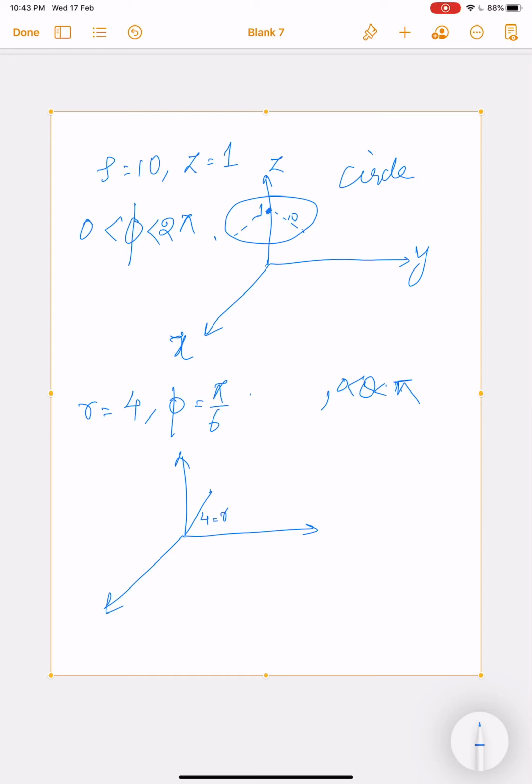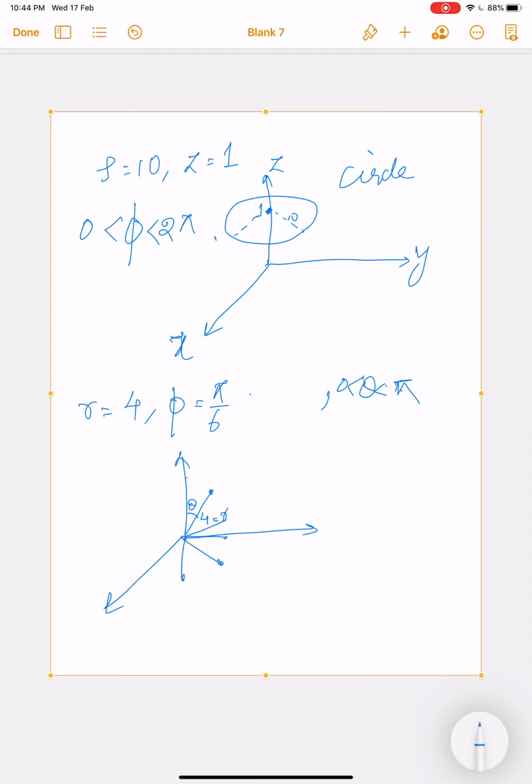That means this is r, always fixed. This is theta, this will go on varying. Suppose, just imagine, it's somewhere 30 degrees ahead of it. Then r is fixed.